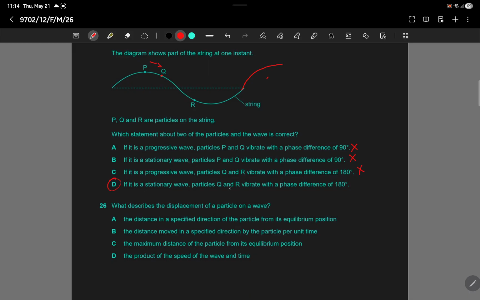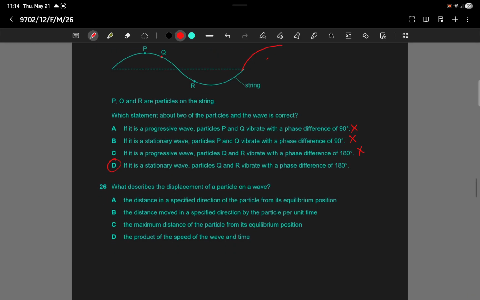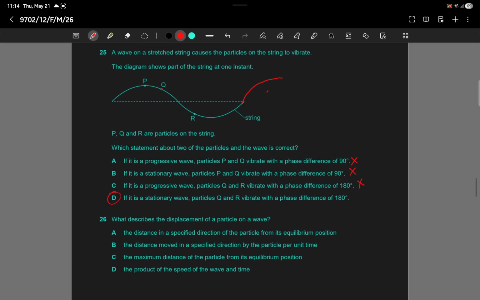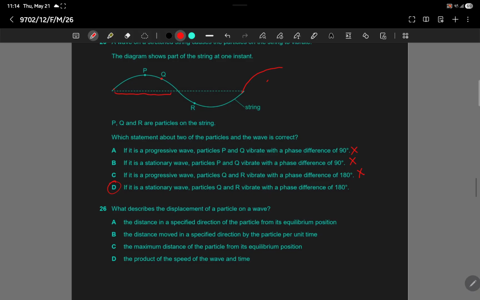If it is a stationary wave, particles Q and R vibrate with a phase difference of 180. Yeah, that is true. In stationary waves, all the particles within a loop, from here to here, all vibrate in phase.